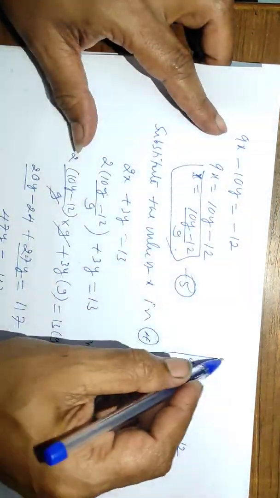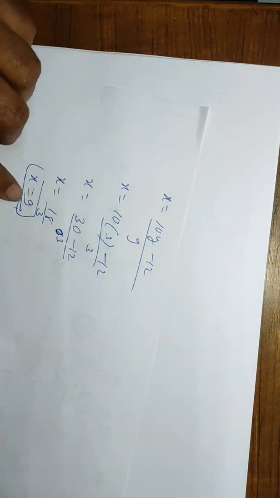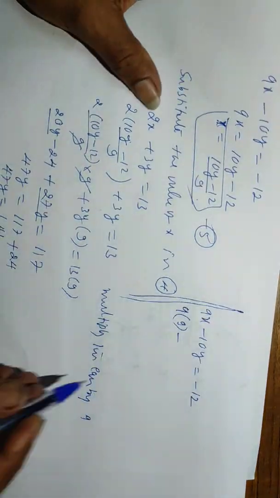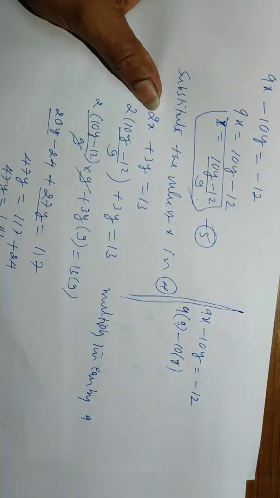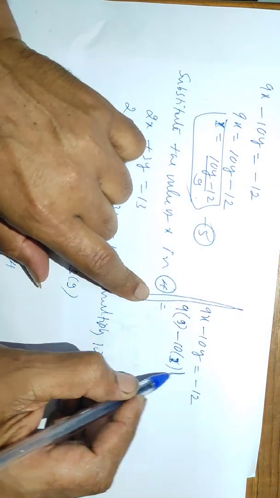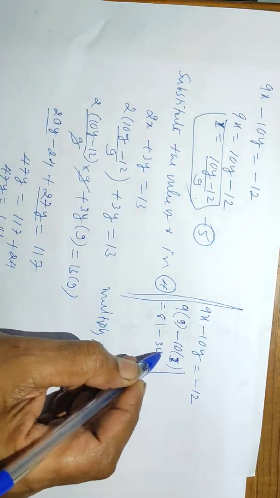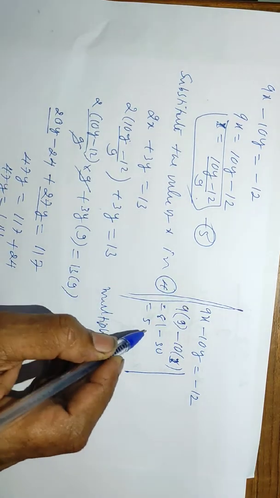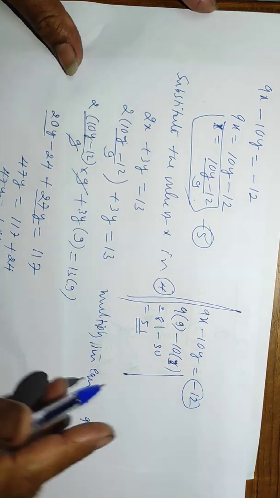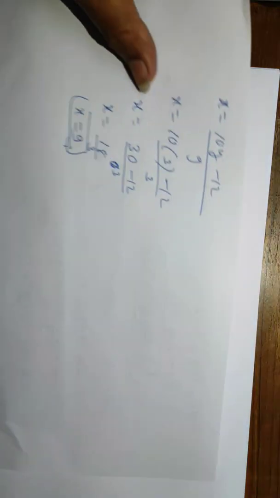I am just verifying this. 9 into, what is the value of x? 9. 9 minus 10 into y, that is 3. How much do you get? I am considering only the LHS. 81 minus 30. You are getting 51. But that is not equal to minus 12. Here the RHS is minus 12. So something went wrong.